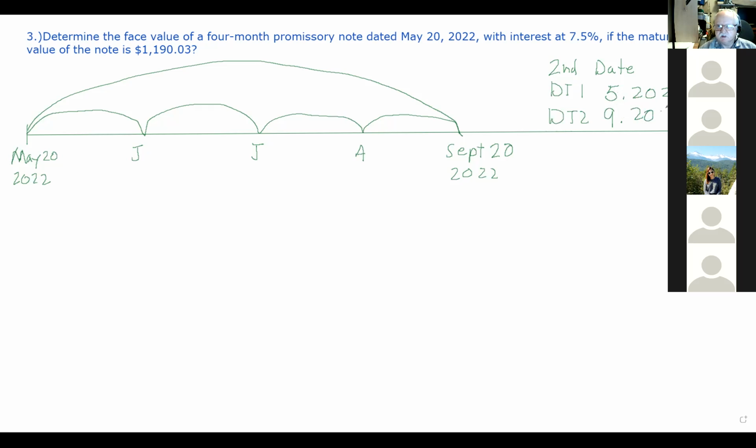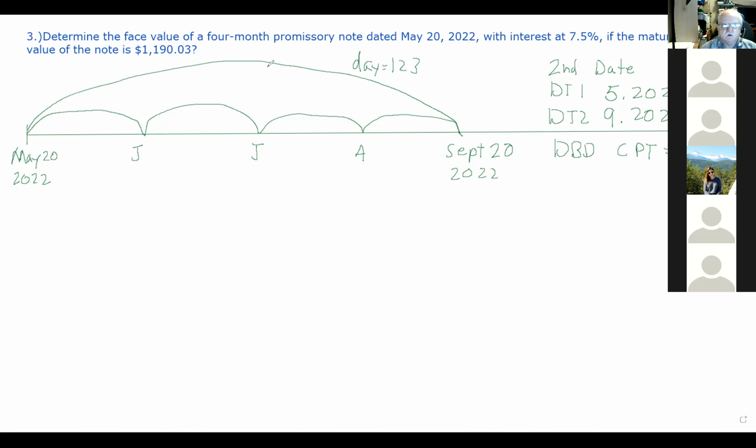Still the 20th day, 2022. Enter and down. And then DBD, go compute. I'm hoping somebody is doing that and can tell us how many days this is. And we're getting a general consensus that it's 123 days. So we'll use that. Days equals 123.